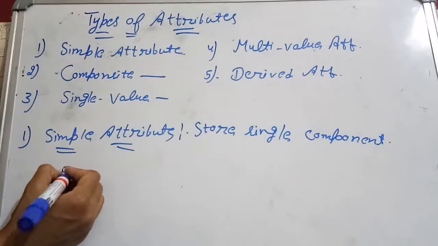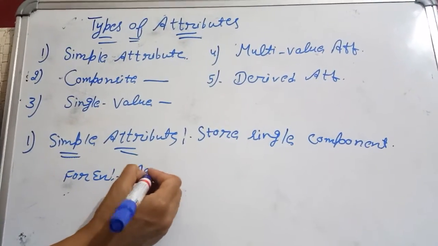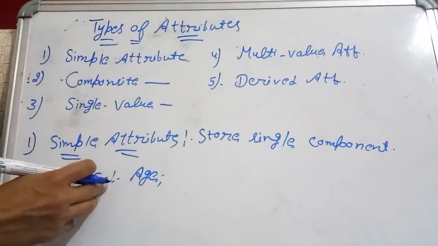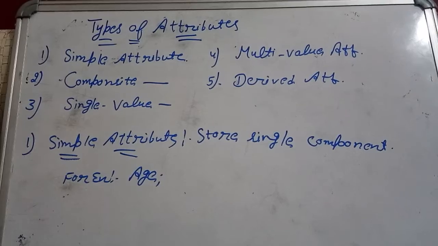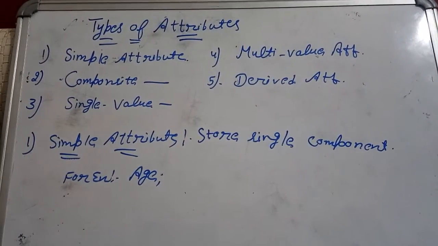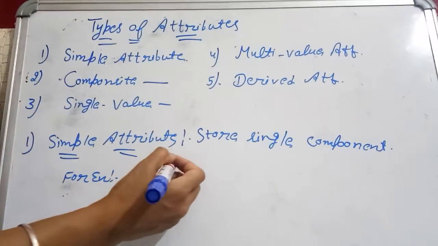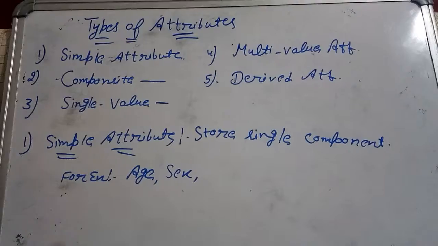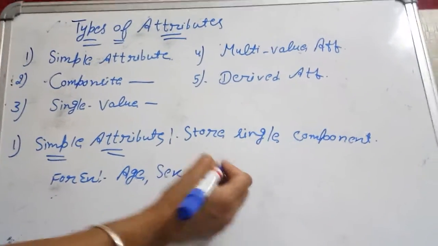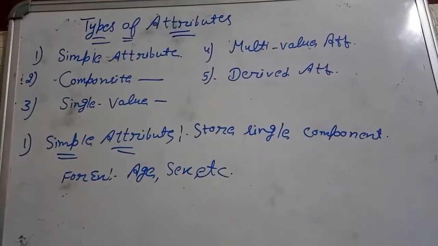For example, age: we store only a value like 23 or 25, the age of that person. Only a single value is stored in this attribute. And sex may be male or female, etc. So age and sex attributes store only a single value.